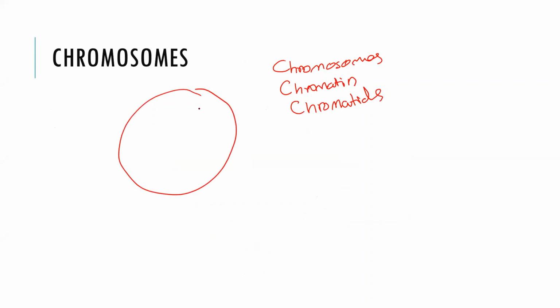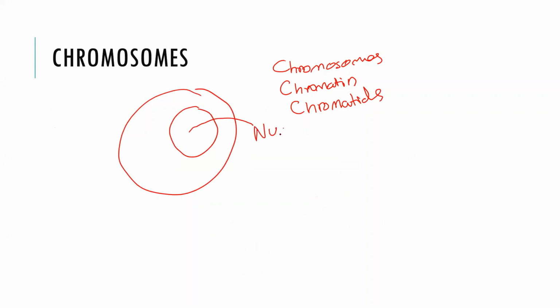So chromosomes. When you are talking about chromosomes, there are some words you have to understand clearly. Those are chromosomes, chromatin, and chromatids. If you look at the cell, you have a nucleus, right?